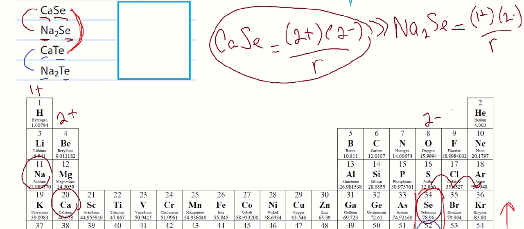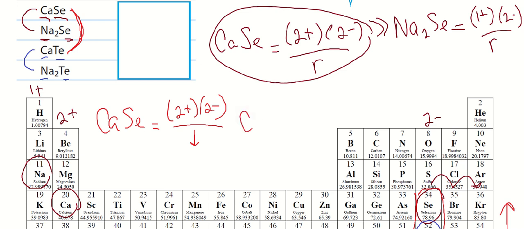So this time we're going to compare calcium selenide, where the Q's are going to be the same: 2 positive times 2 negative, and the radius for this, we'll just put a down arrow, means it's smaller. I don't feel like looking that up. We're just comparing anyway. And then for the calcium telluride, the charges are again going to be the same.